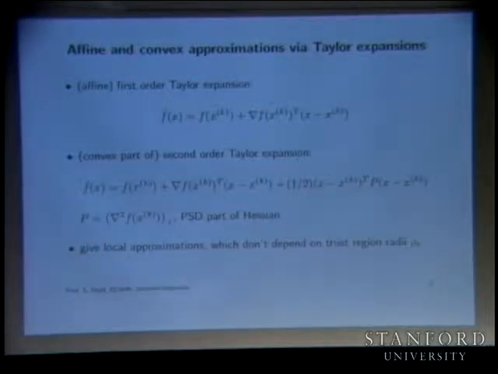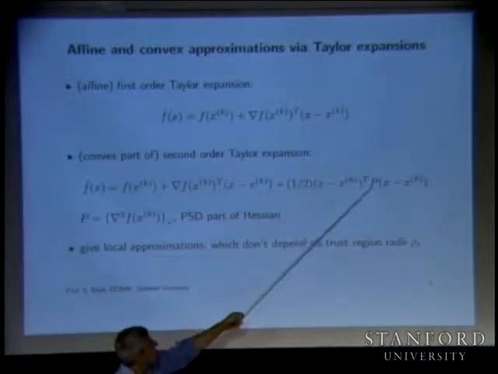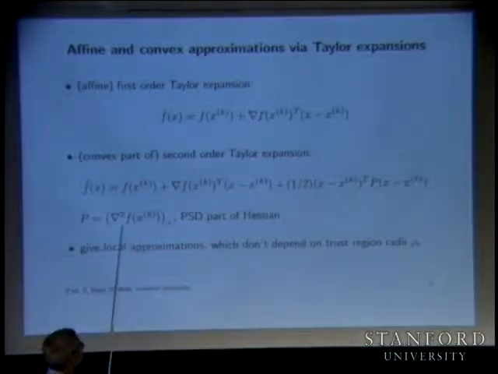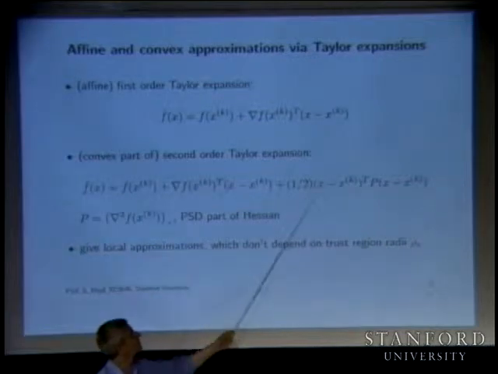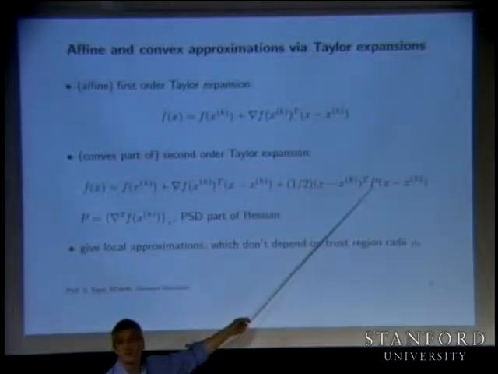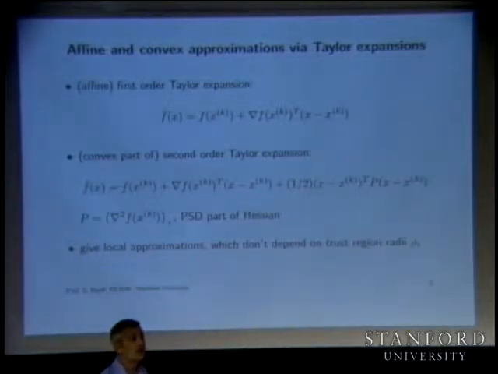If you want a convex approximation, then there's something interesting you can do here. Of course, the second order Taylor expansion would have the Hessian right here. That's this. But if the Hessian is indefinite and you want a convex approximation, you can simply drop the negative part of a matrix.